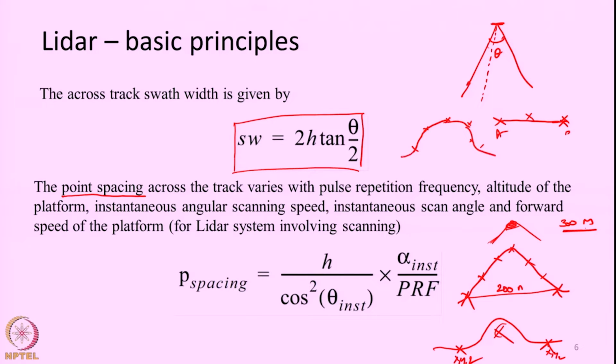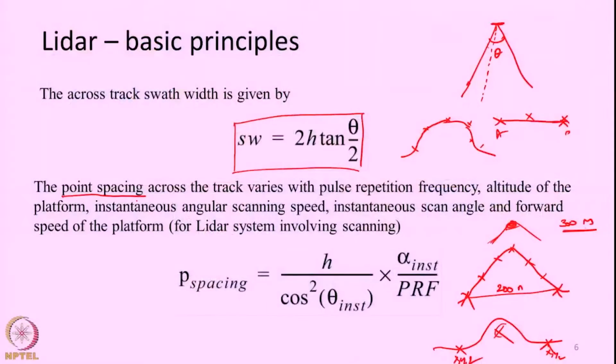We will be getting a more accurate representation of the terrain. So, the point spacing basically defines how dense or how sparse we collect the ground based observations. This is also one of the important parameters we should keep in mind when doing LIDAR surveying.